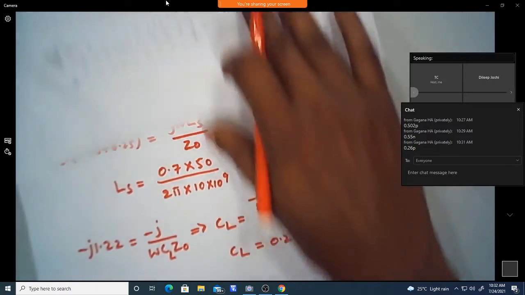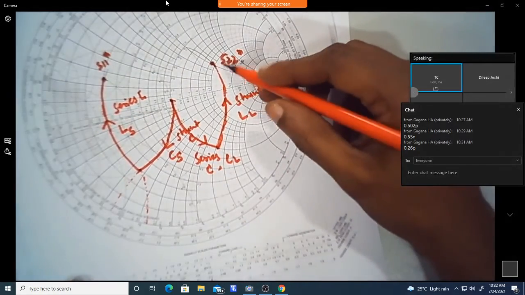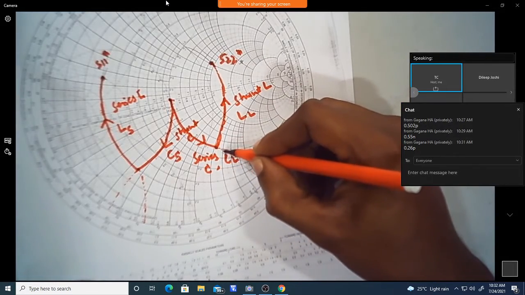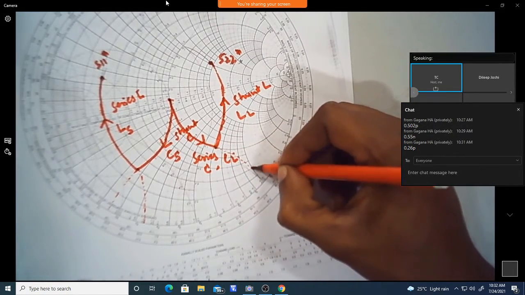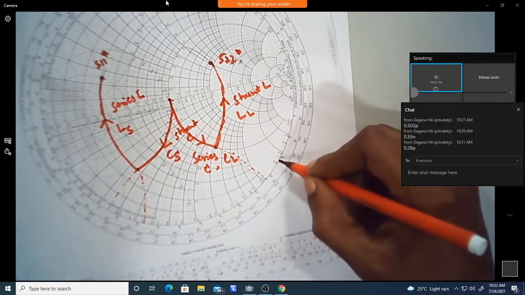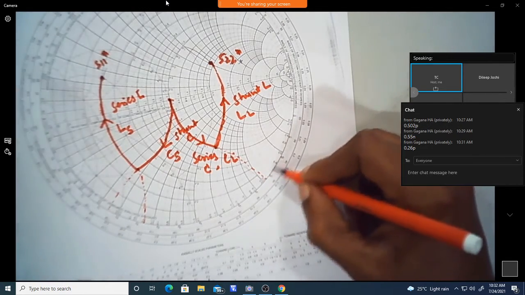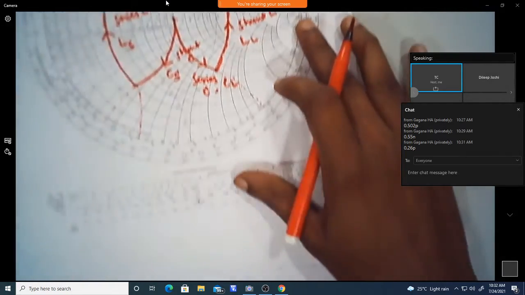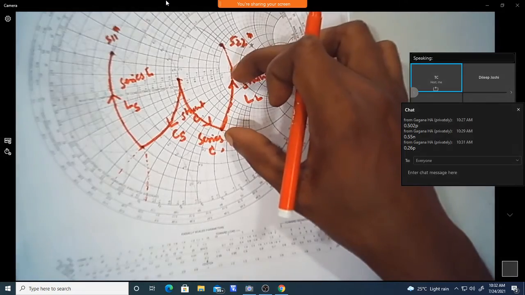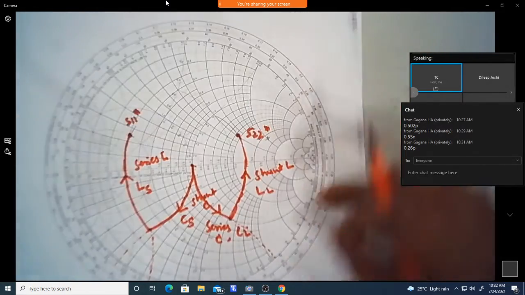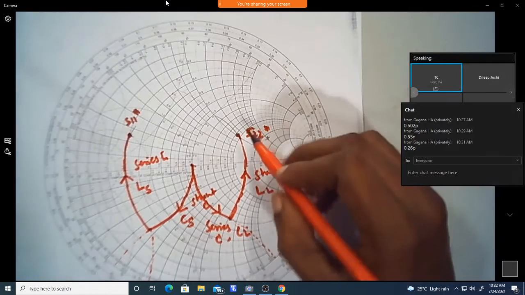So now similarly we have to find out the final value, that is the LL value. Okay. So now we have the susceptance point here. The susceptance here is between 0.4 and 0.5, we can take it as 0.48. Okay. So this value up to this value it is 0.48, because this is 0. And we have to find this much value also here.